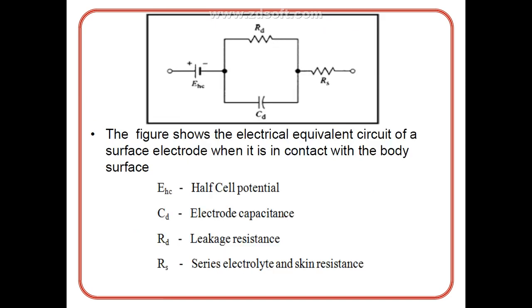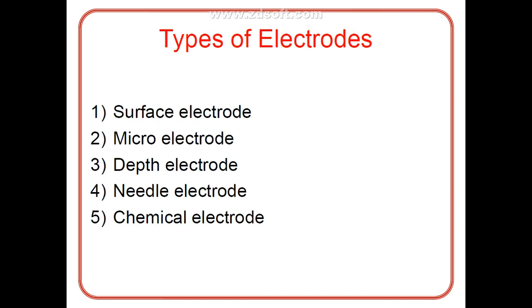This diagram shows the equivalent circuit of the surface electrode in contact with the body surface. EHC is the half cell potential. CD is the electrode capacitance. RD is the leakage resistance. And RS refers to the series electrolyte and skin resistance.